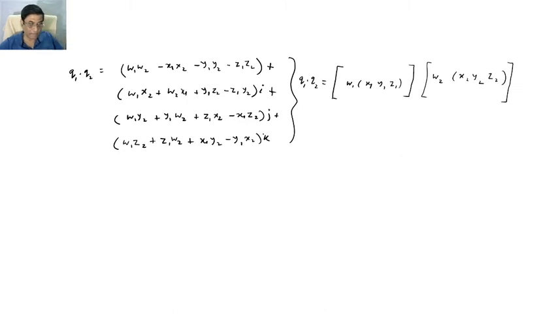And then this can be written in the following way: w1 w2 minus x1 x2 minus y1 y2 minus z1 z2. This is a real part.